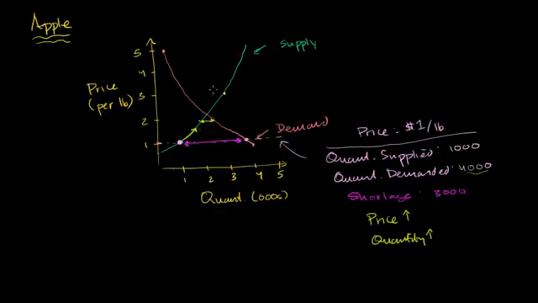But what's going to happen there at a price of $3? So that's this scenario right over here, the price of $3. So the price is now $3 per pound. Well, now the quantity supplied is going to be 3,000 pounds.